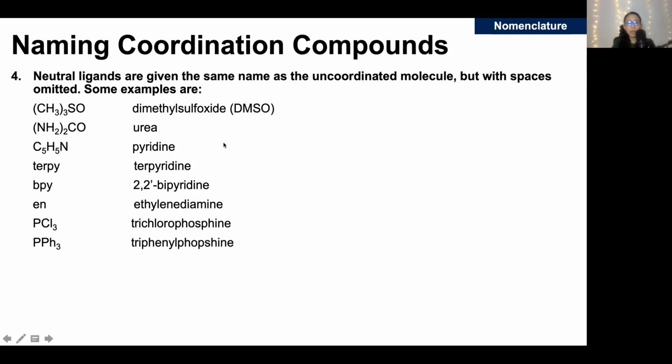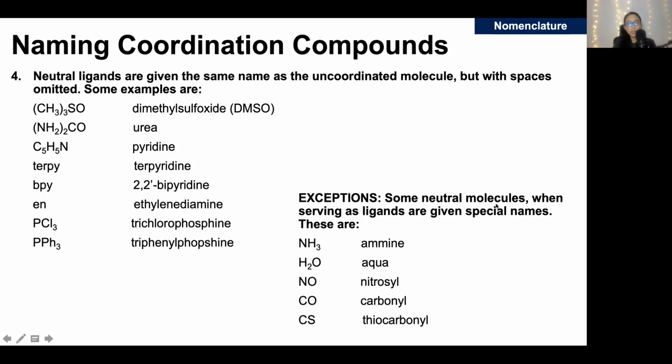So pyridine, its name as a ligand is still pyridine, and so on. So these are some examples: dimethyl sulfoxide, urea, pyridine, terpyridine, 2,2'-bipyridine, ethylene diamine, we've already seen this, trichlorophosphine, and triphenylphosphine.